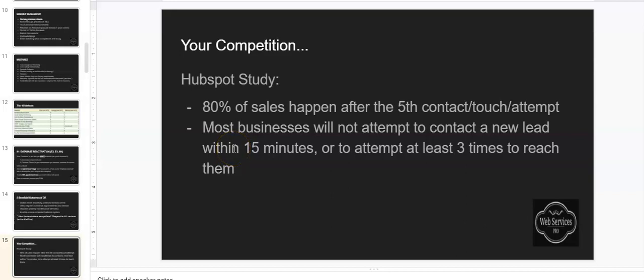Once 15 minutes passes, that lead kind of goes cold. Their motivation is lost, and they're going to probably go to another competitor or keep searching until they reach someone. And as well, most businesses don't attempt at least 3 times to reach them. So you can stand a level above your competition by just doing that follow-up.